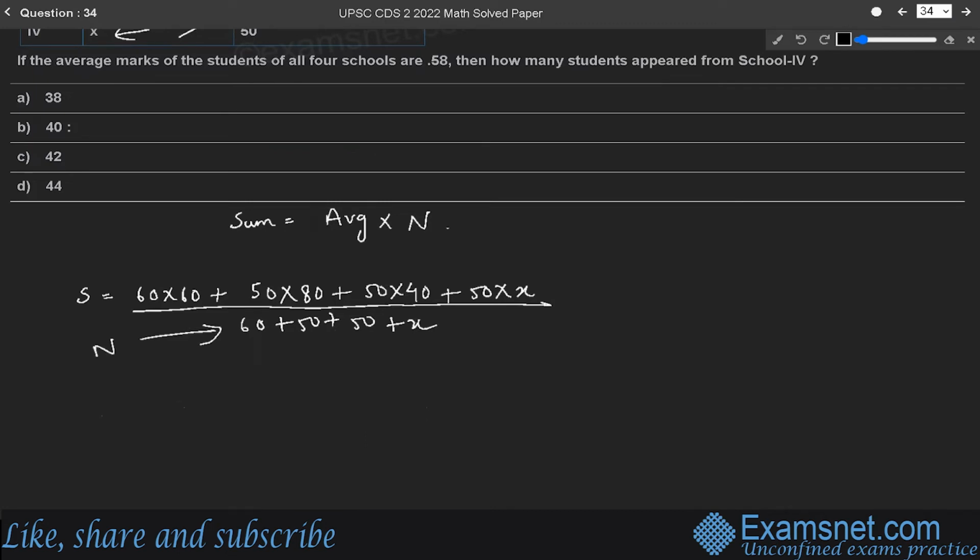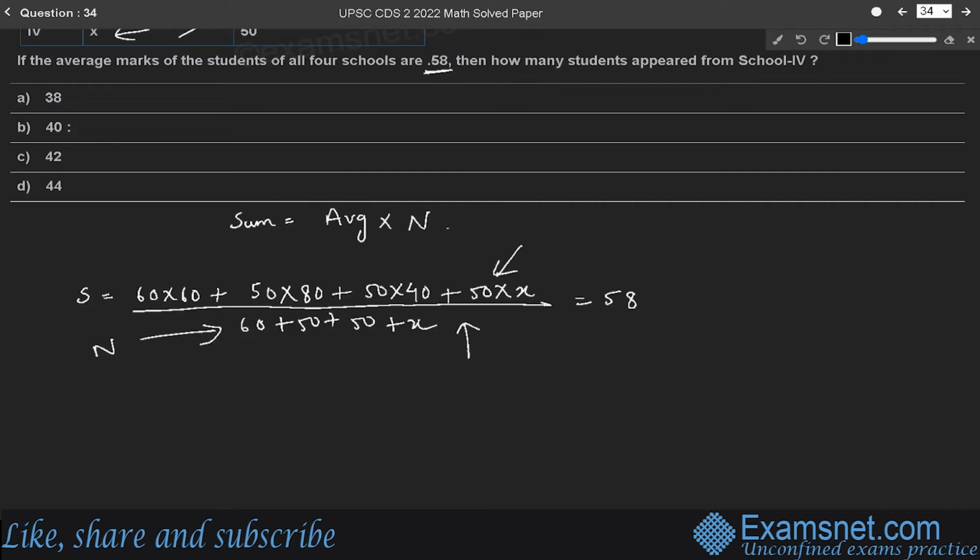A condition is given that the average marks of the students of all 4 schools are 58. You know that the sum upon the total number is the mean, meaning the average is equal to 58. It is given.